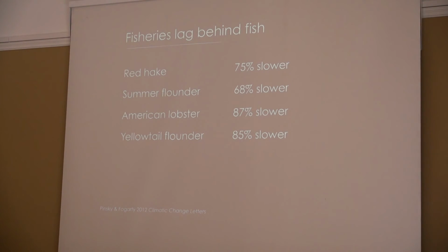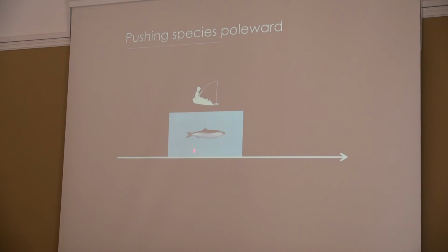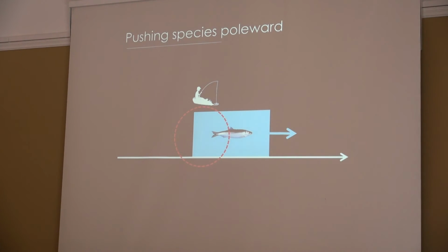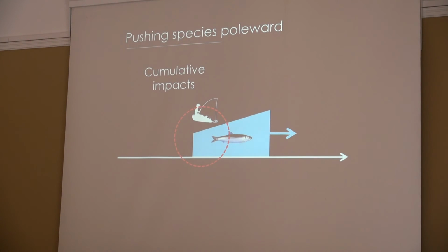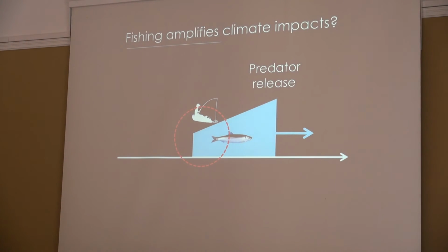But I think we may be ending up with this interesting feedback between the response of the fishery and the response of the fish. Which is that if you think about a population right here being fished, as the population moves towards the poles, the fishery ends up concentrating on the trailing edge, drives down the abundance at that trailing edge, but also sort of leads to a predator release at the leading edge.